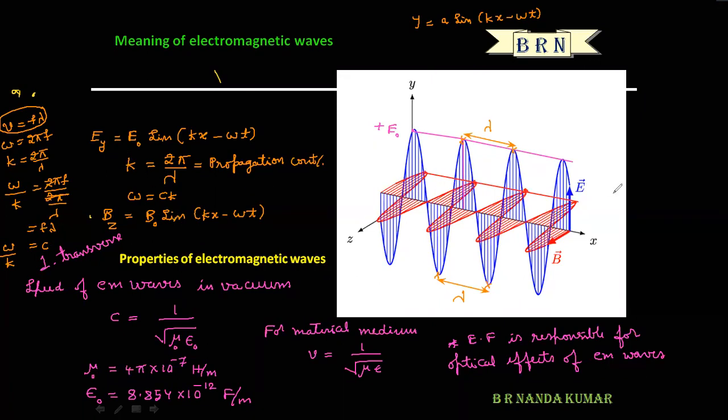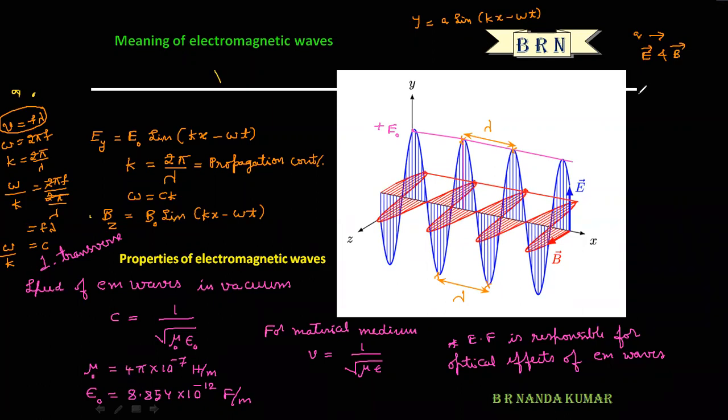That is also very important. When a charged particle is moving in the presence of both electric field and magnetic field, which are mutually perpendicular to each other, the force experienced by the charged particle is the Lorentz force.